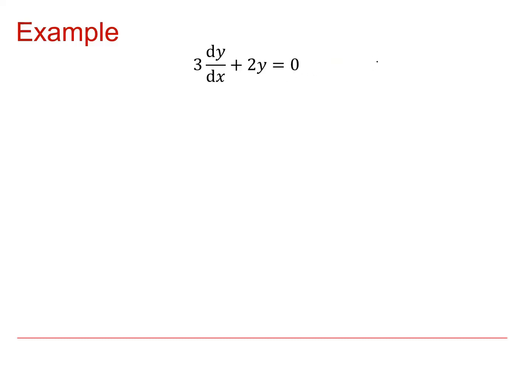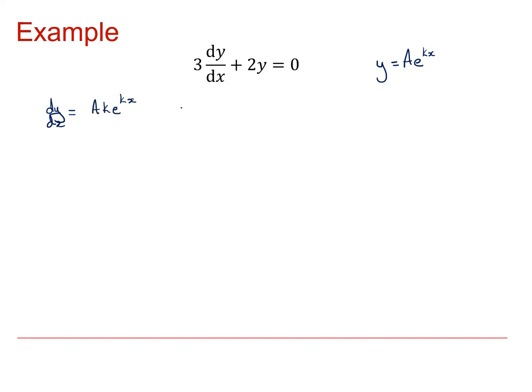And I know from the previous slide that it's going to have a solution of the form a e to the kx. I've dropped the minus sign out here. It's just a general constant times x, and k could be positive or negative. Now if I substitute that into this thing here, well, I know that dy by dx from that is going to be equal to a k e to the kx.